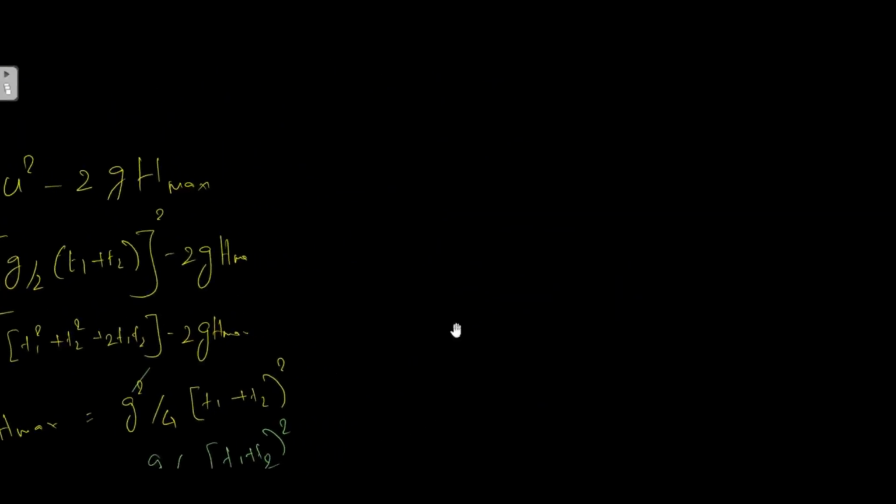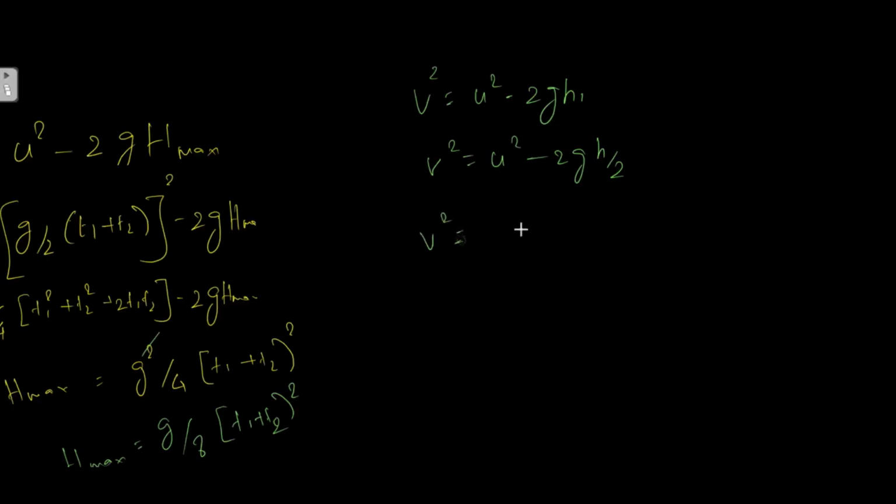And one more thing is velocity at h by 2. V squared equal to u squared minus 2g h1. This is any equation; either equation we can select, and for that h1 we put h by 2. V squared equal to g by 2 into (t1 plus t2) the whole square minus 2g h by 2.